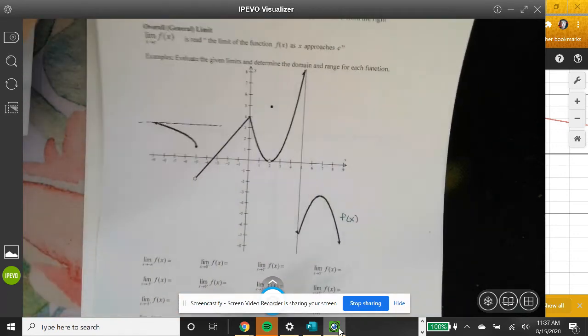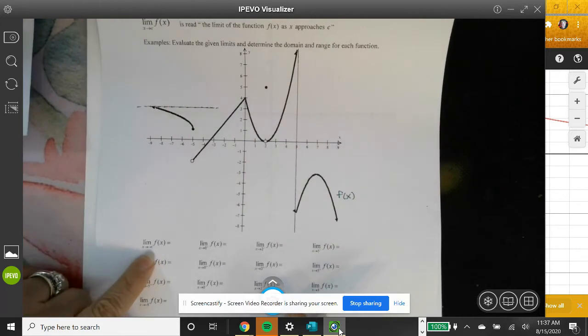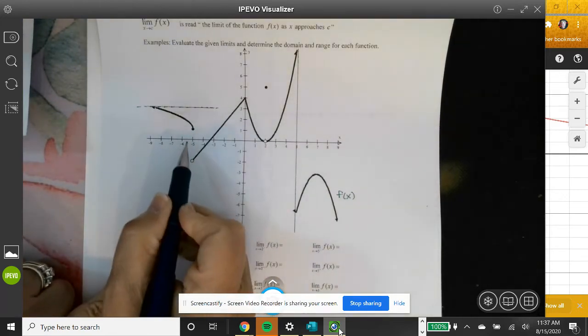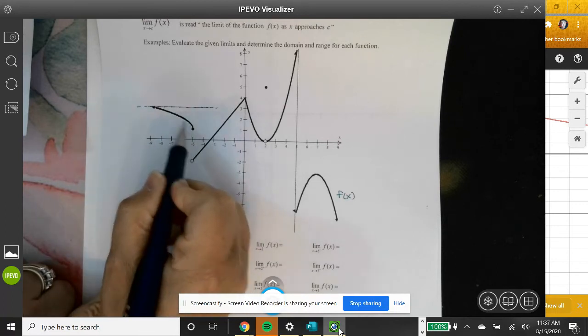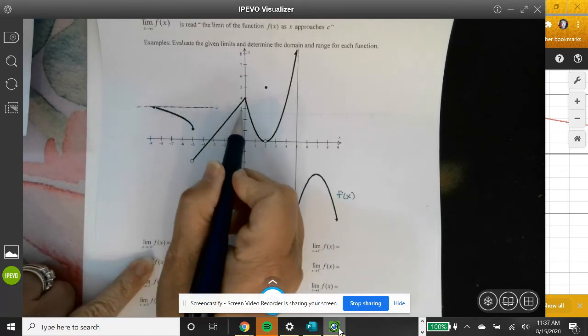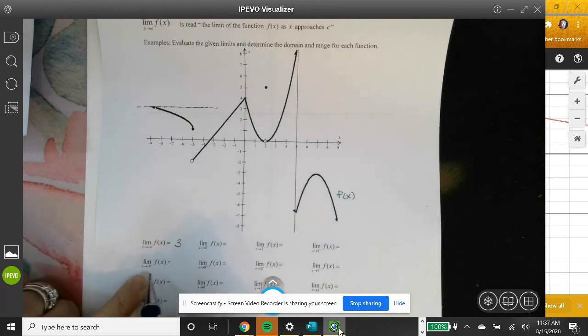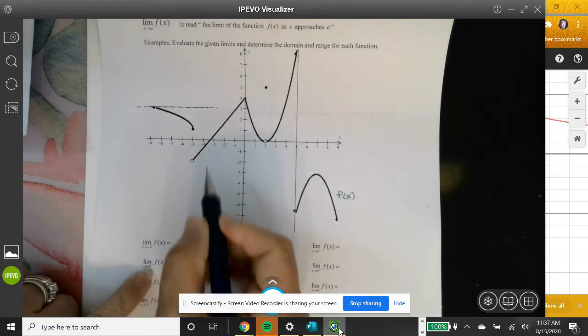The limit of f of x as x goes to negative infinity. What happens as x goes to negative infinity is that the y value I expect to approach is 3. Next, the limit of f of x as x approaches negative 5 from the negative or left side.